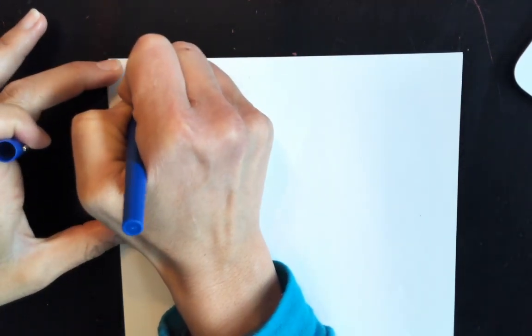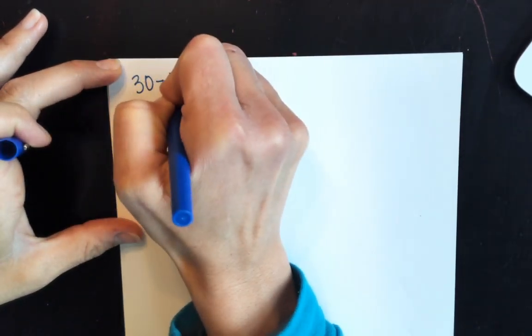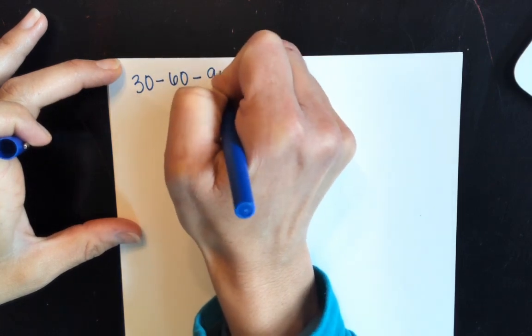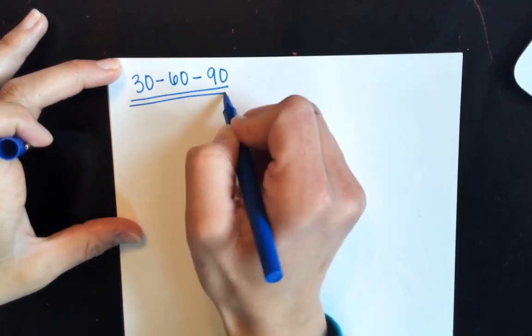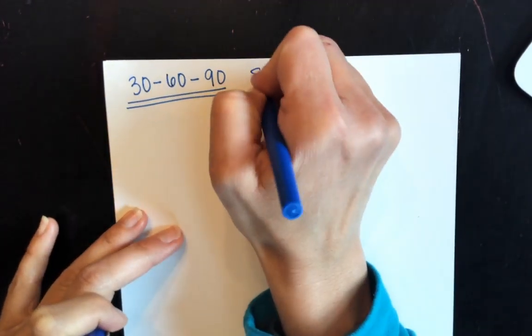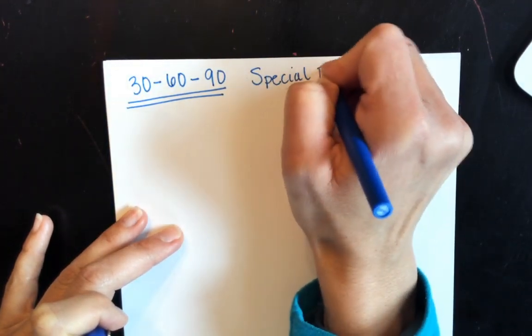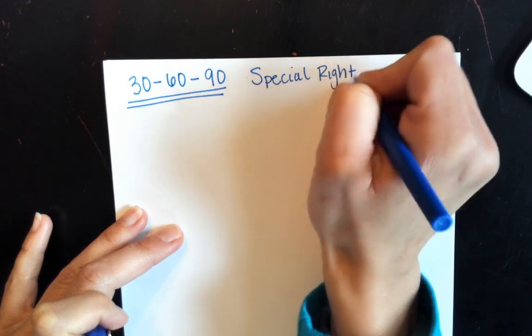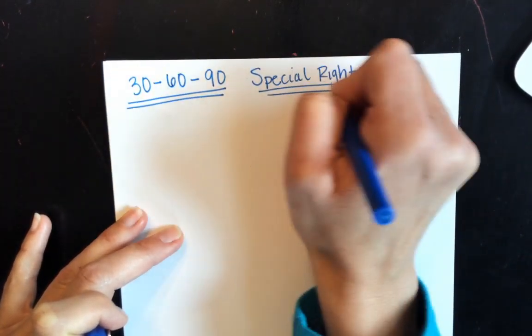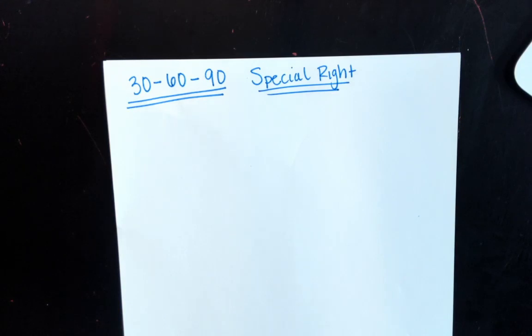We then are going to tackle 30, 60, 90. And for all of you that did look at your formula sheet on Monday, you already noticed that this was on your formula sheet.